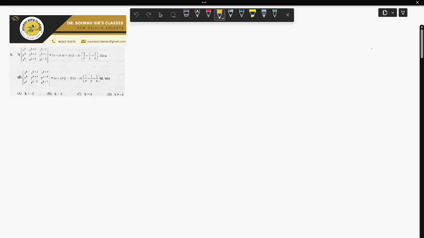So let us solve it by using normal arguments. What can we do? We are going to simplify the determinant given in the question.